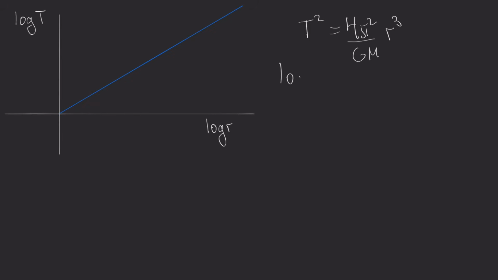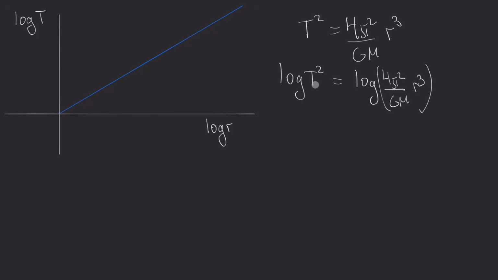So I'm going to go log of T squared is equal to the log of 4 pi squared over GM r cubed. This could be done in terms of ln, for instance; this could easily be ln of T and ln of r. I'm just going to put some brackets here to show that this is the log of all of this.